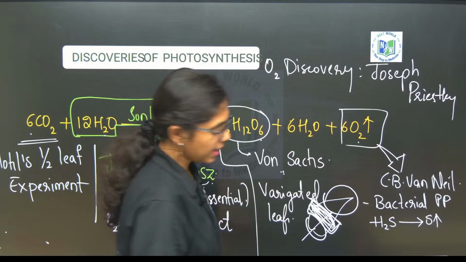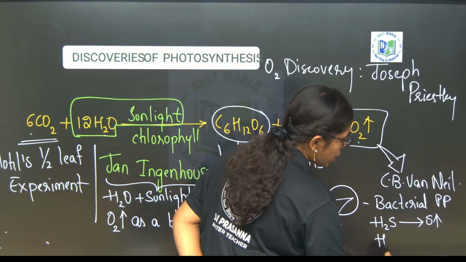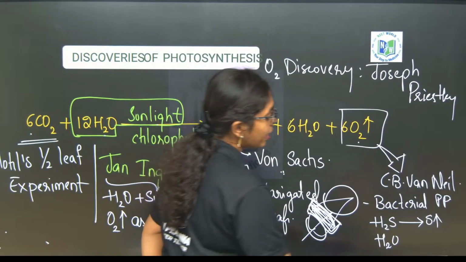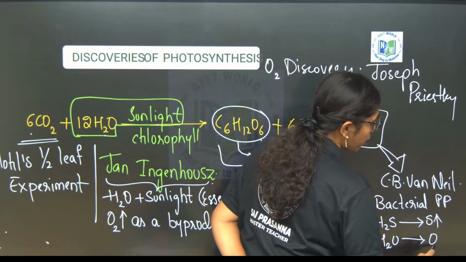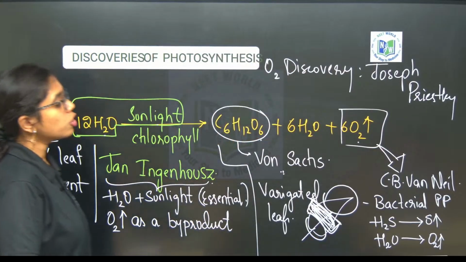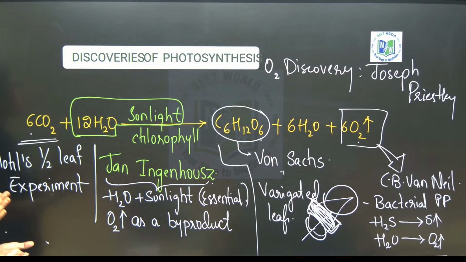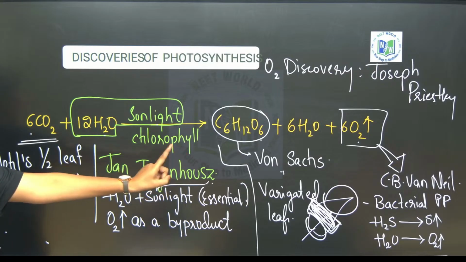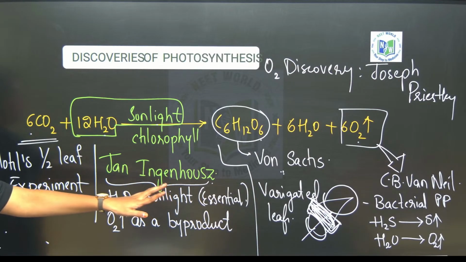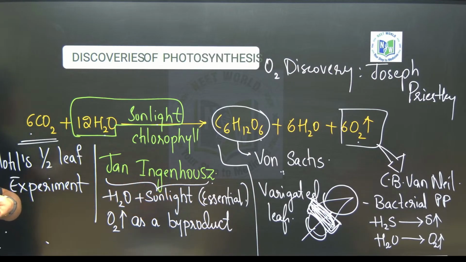In oxygenic photosynthesis, the water molecule is the electron donor and it releases what as a byproduct, ma'am? O2. That's it. So, who said that oxygen is coming from water, not from carbon dioxide? C.B. Van Niel, by conducting what photosynthesis? Bacterial photosynthesis. Clear, right? Any doubt anywhere?